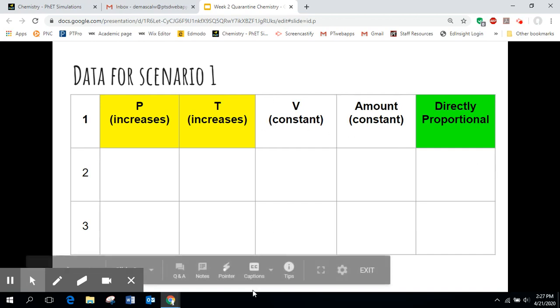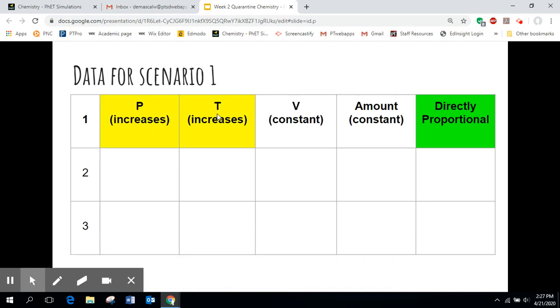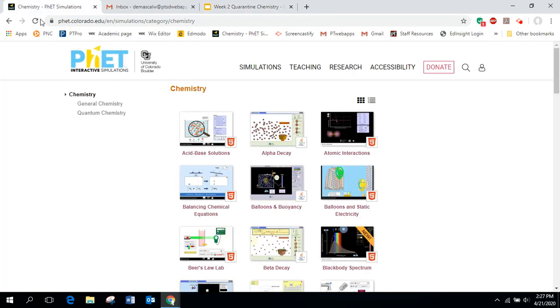The first one you looked at in the lab was pressure and temperature. As temperature went up, we should have seen pressure go up when volume and amount were constant. That's going to give us a direct proportional relationship.